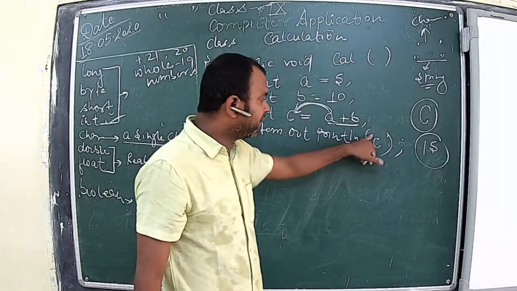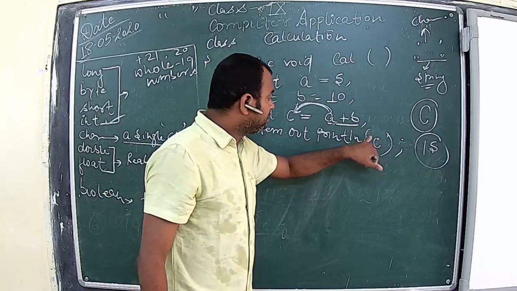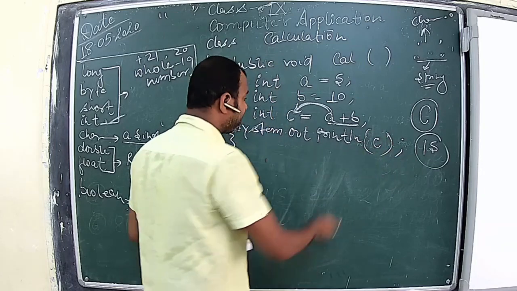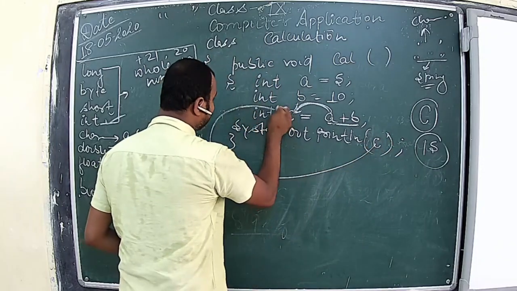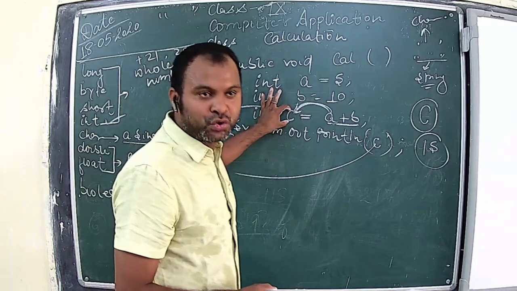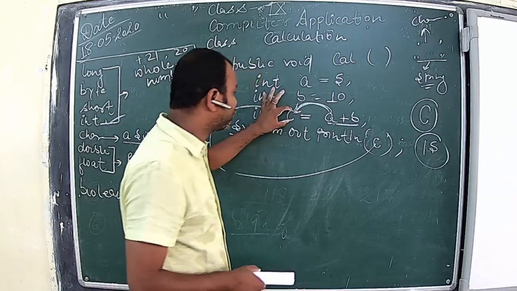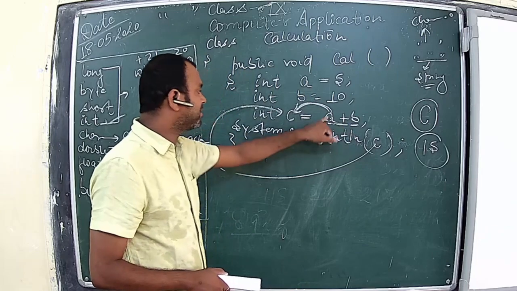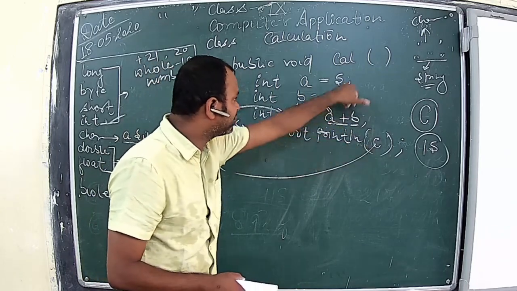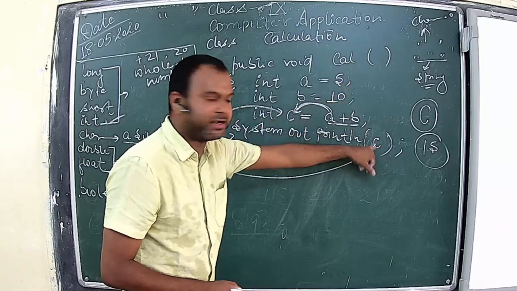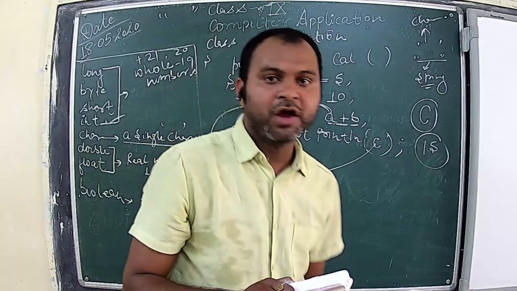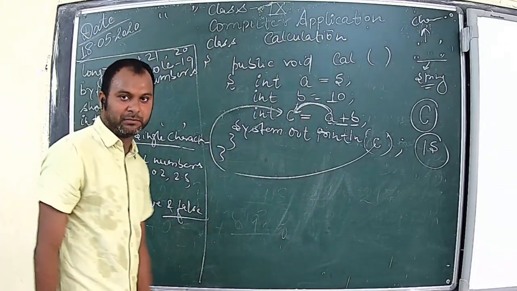But if I don't use double quotes, it will be treated as a variable, and whatever the variable stores at that time, it will print. It stores the addition of a plus b in c. So the answer would be 15, because 10 plus 5 is 15. So the value of c would be 15. This is how we can write our program. Clear?